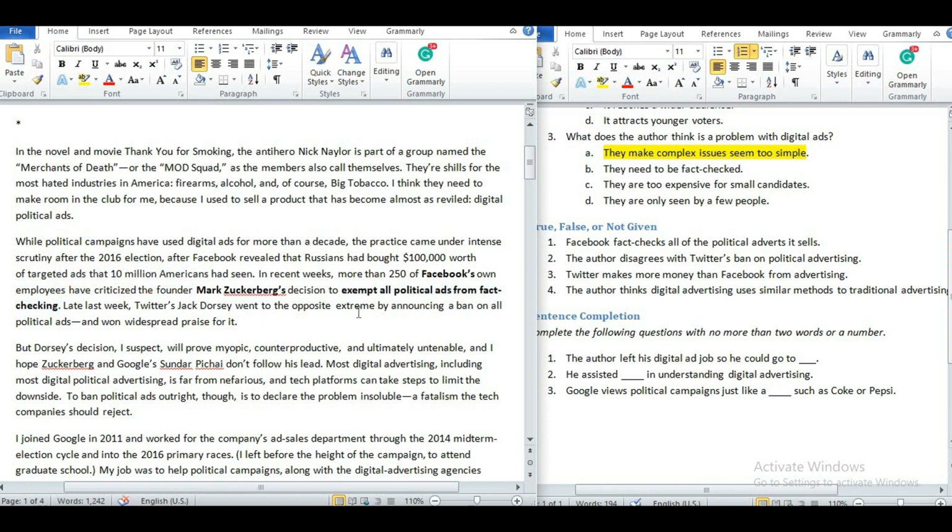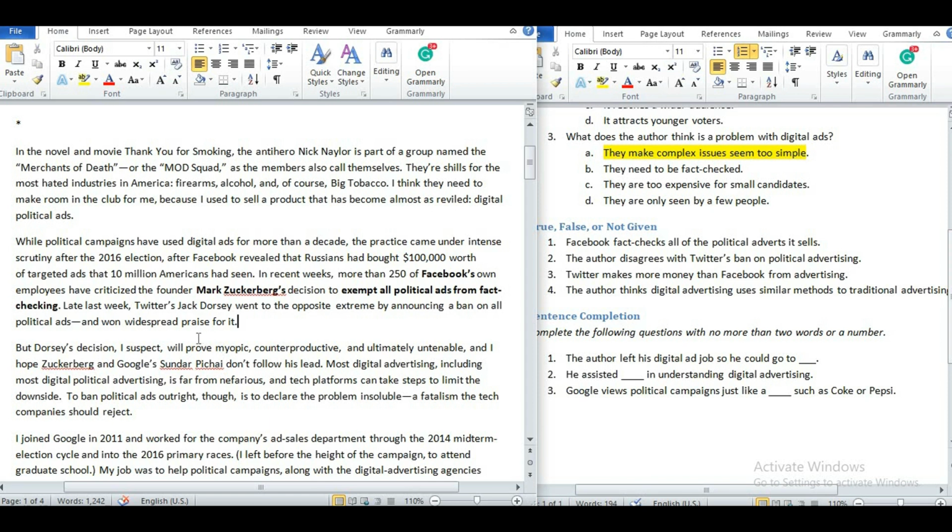What does that mean, exempt? Well, we can guess from context that it means to stop fact-checking political ads. Now, we might recognize the word exempt. We might look at the EX part at the beginning and think, okay, that's a negative construction.